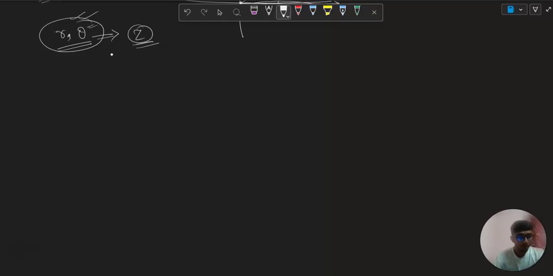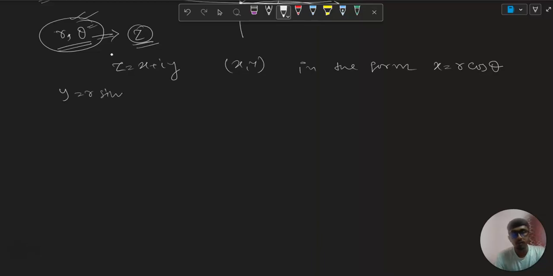So we may express the point z equal to x plus iy, or this ordered pair x, y, in the form where x equals r cos theta, r is the magnitude and theta is our argument, and y equals r sin theta.